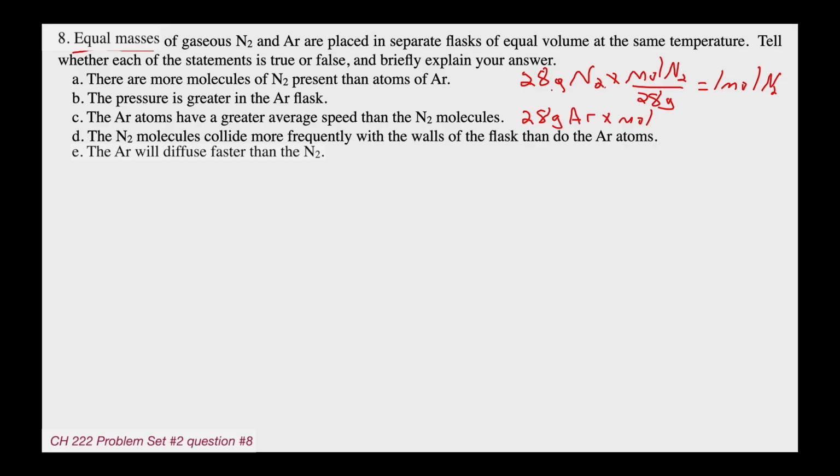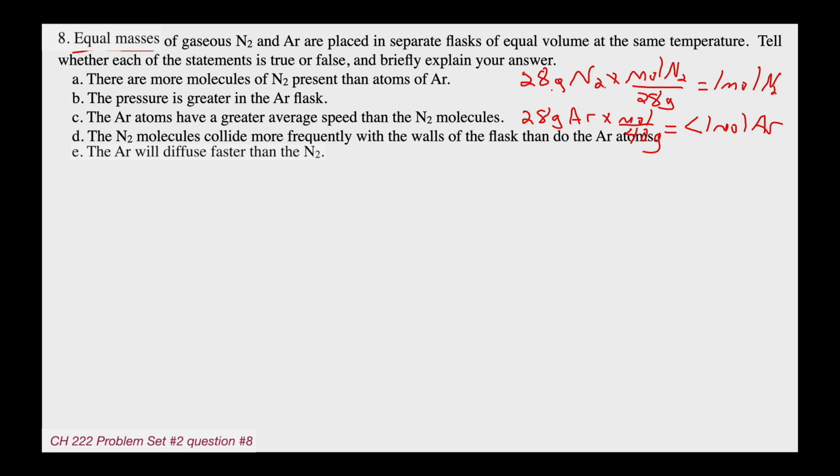Argon on the periodic table, number 18, is 39.948. So I'm using cheesy sig figs, I'm going to use 40 grams. What we're going to see here is you're going to get less than 1 mole of argon. 28 divided by 40 is definitely a number that's less than 1 mole.